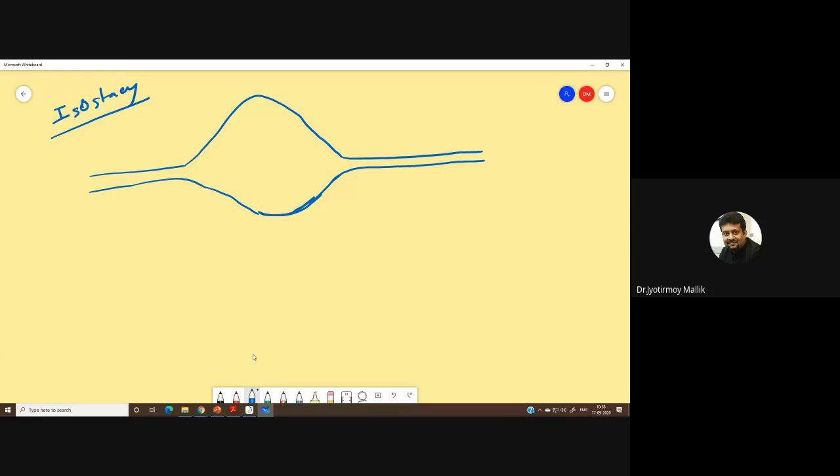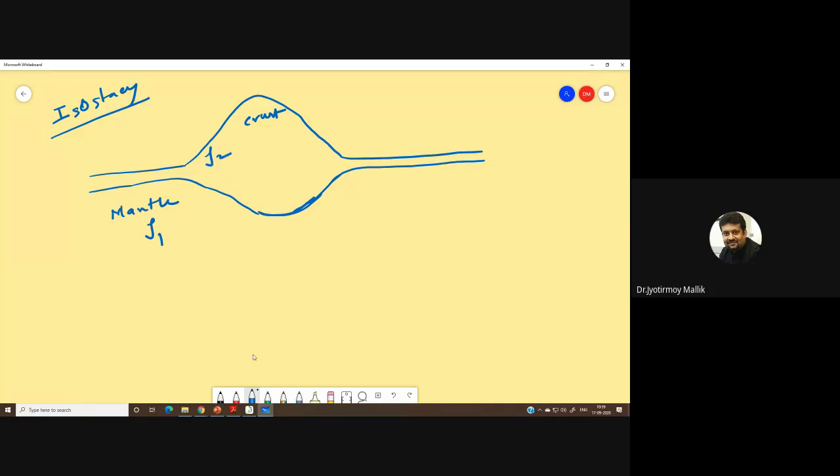So suppose this is my mantle, and this is my crust. So mantle has a higher density, rho 1, and crust has a lower density, rho 2. Okay.